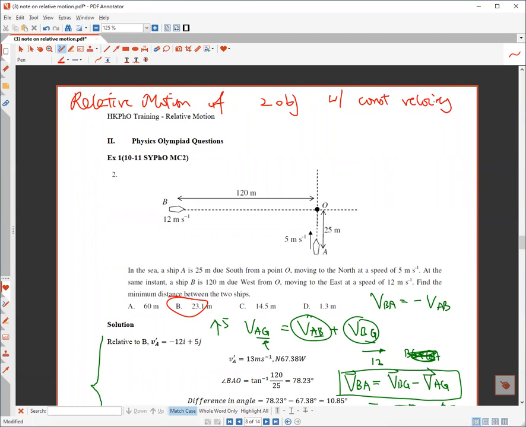The direction and the speed do not change. For a vector, there are two things: it contains the magnitude and also the direction. In this case, both magnitude and direction of both velocities are known.